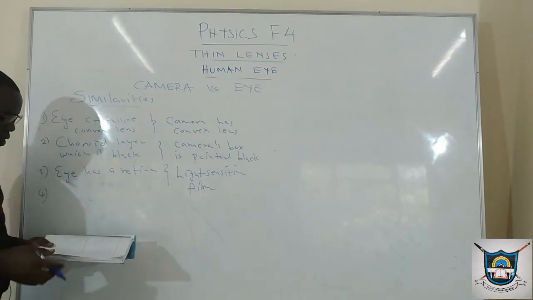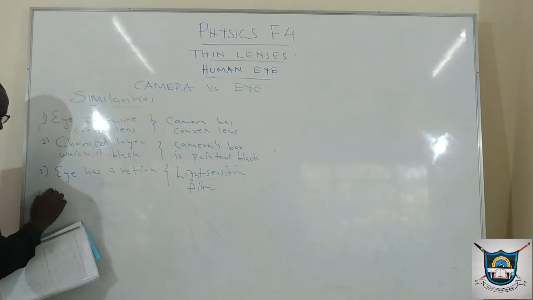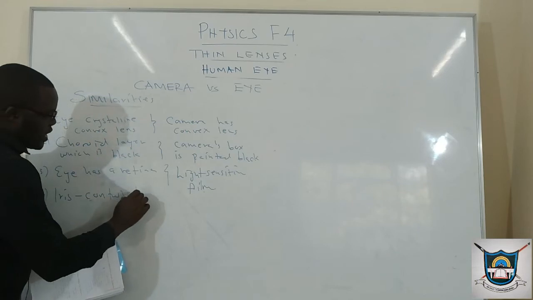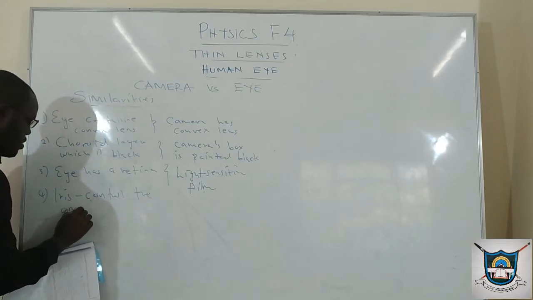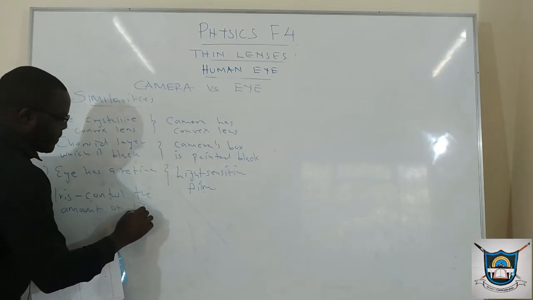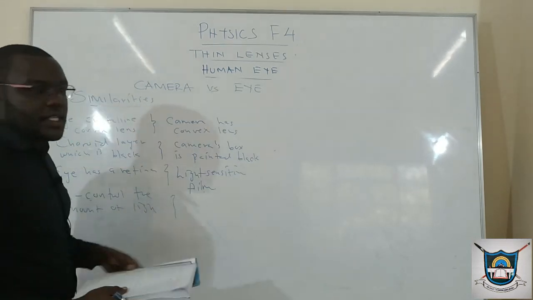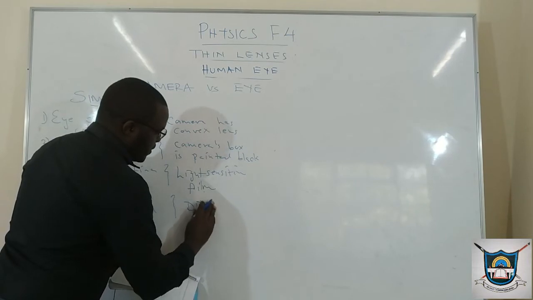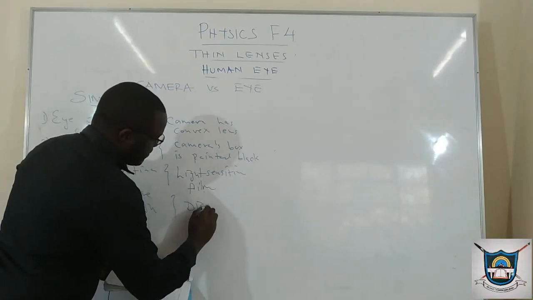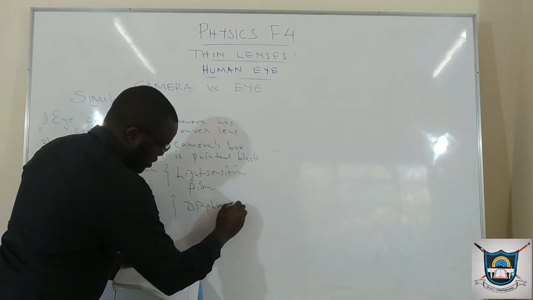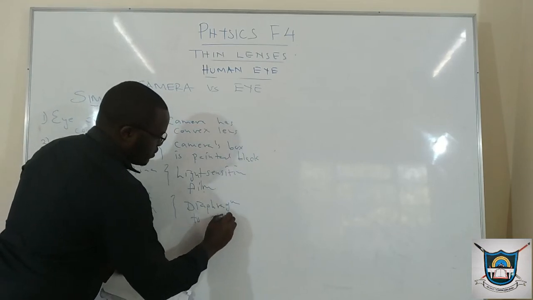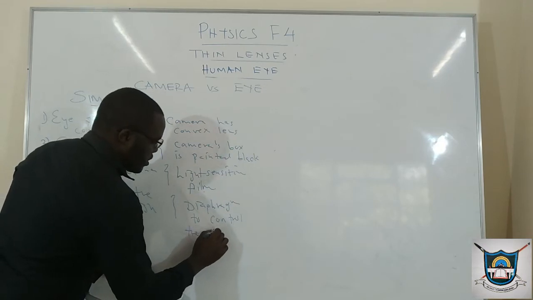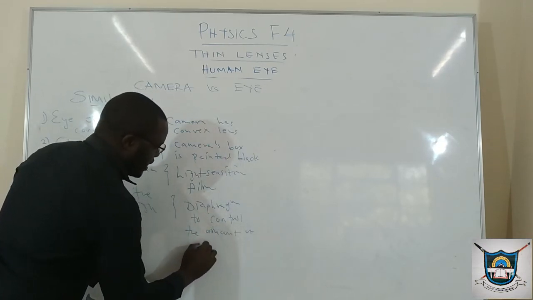Number four, the eye has the iris that controls the amount of light. On the other side, the camera has what we call a diaphragm to control the amount of light.